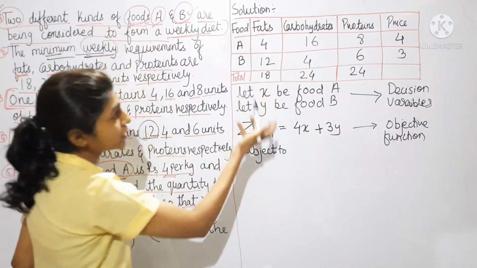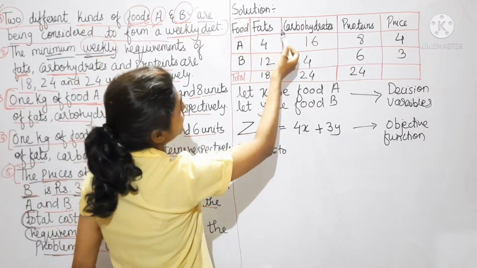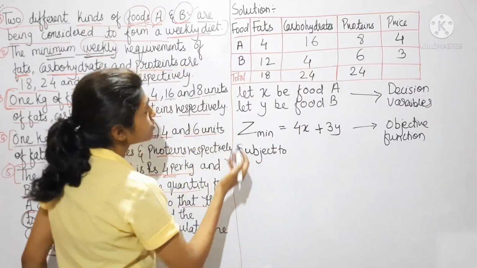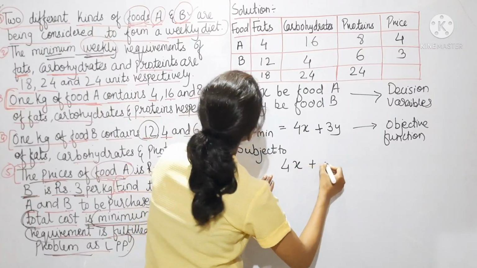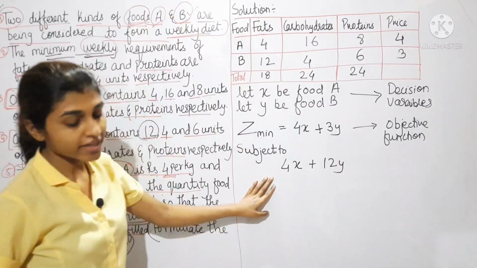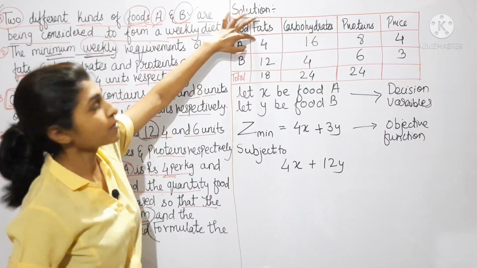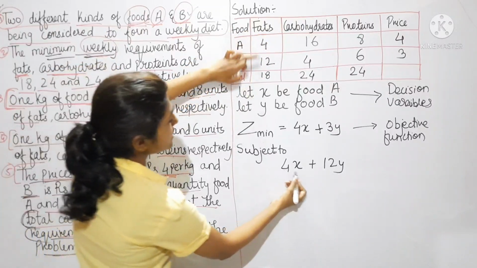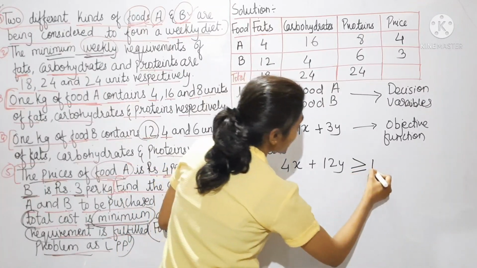There are three: the minimum requirement of the diet is fats, carbohydrates and protein. The first constraint, fats: 4x plus 12y greater than or equal to 18.